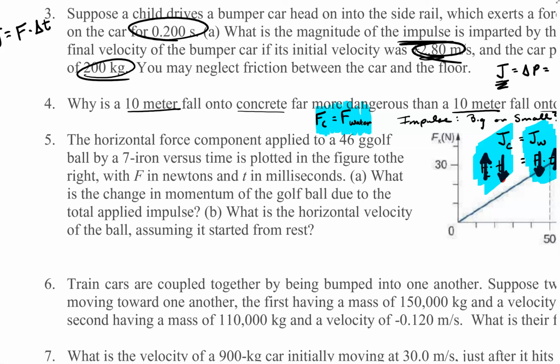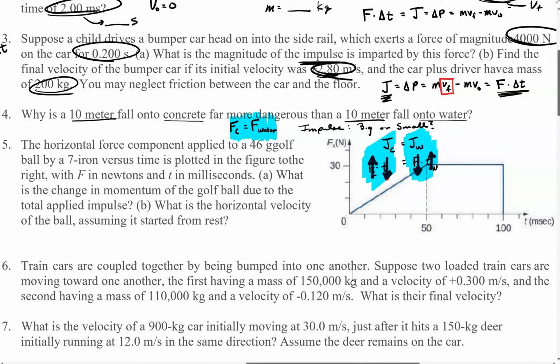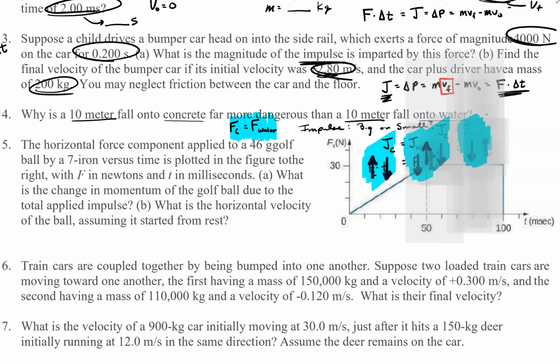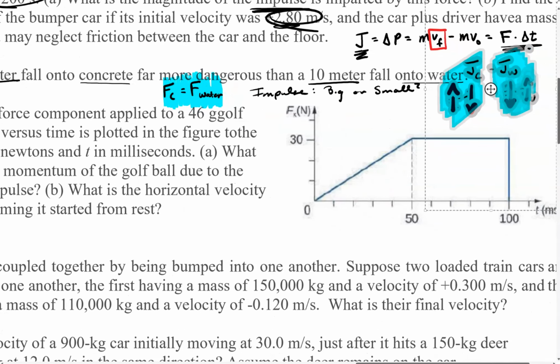And in question number 5, we're given a graph to work with here, and we're measuring the amount of force that's being applied to a golf ball. Now this is just the horizontal component of force. It's not the entire quantity of force here. So we need to be aware of that. There's going to be some sort of vertical component of force that's applied when a golf club strikes a golf ball.